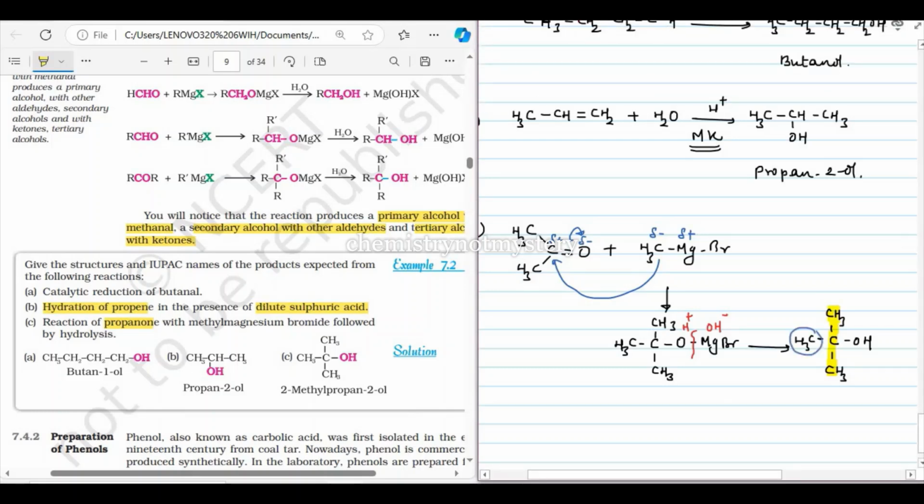The substituent is methyl. When you number the chain 1, 2, 3, methyl is bonded to the second carbon. So here you will write 2-methyl. The parent is 3 carbons long, so the parent name will be propane. OH is bonded to the second carbon, so here you will write 2-ol.